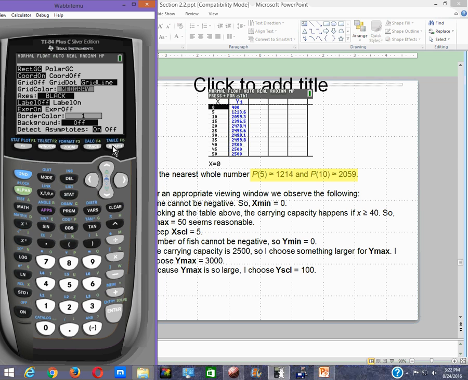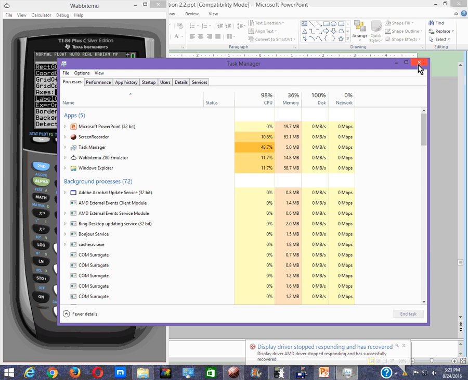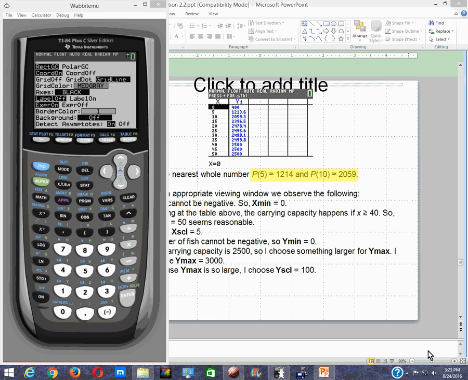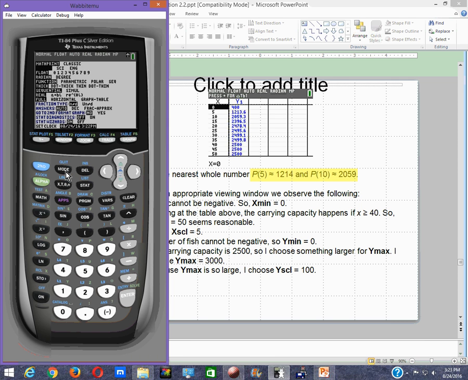I'm pressing Control-Alt-Delete to bring up something that'll let me turn these things off. Hopefully I won't accidentally shut off the computer. I wanted the task manager. It's telling me that it stopped and recovered. So I don't need that anymore. Let's quit this screen.